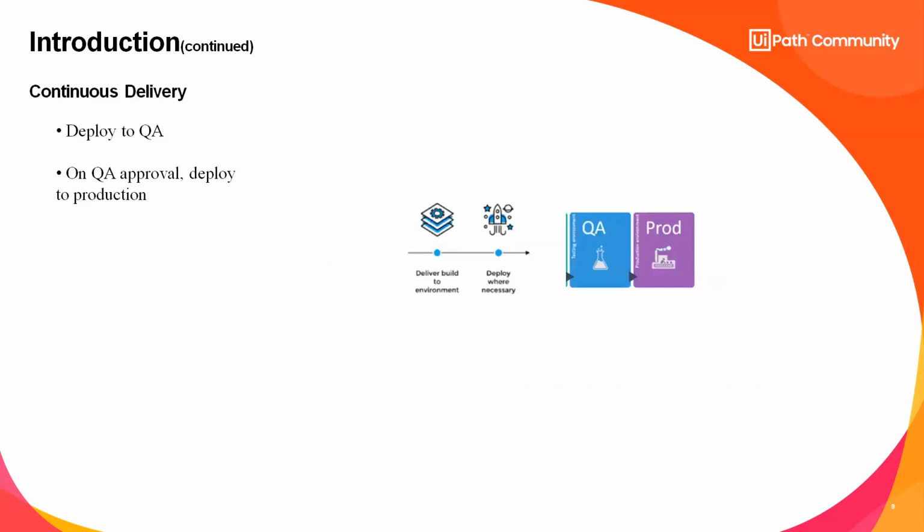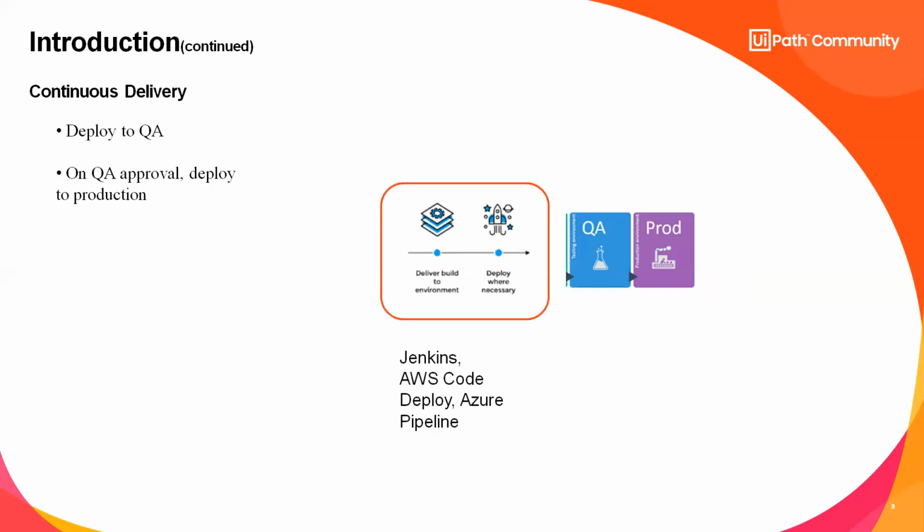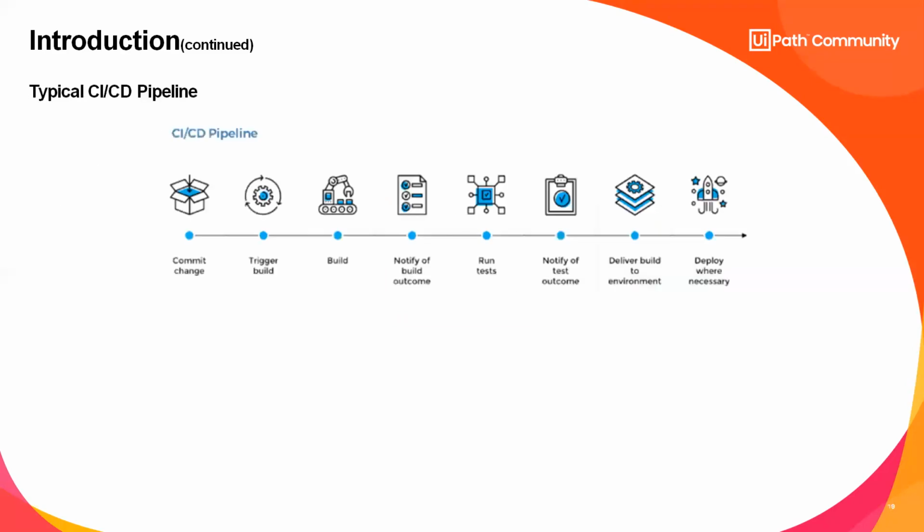And then continuous delivery includes deploying the build, nothing but our NuGet file, to different environments like QA and prod. So we use Jenkins or AWS CodeDeploy or Azure Pipelines, or else we also have a Git tool to do such kinds of deployments.